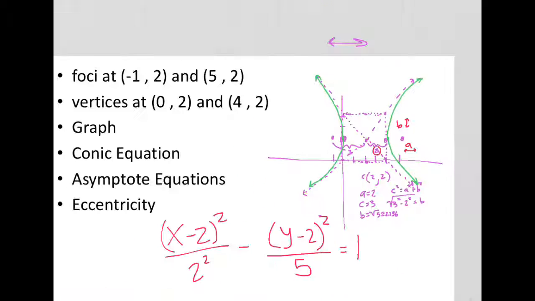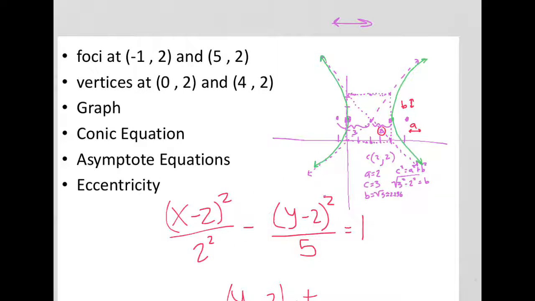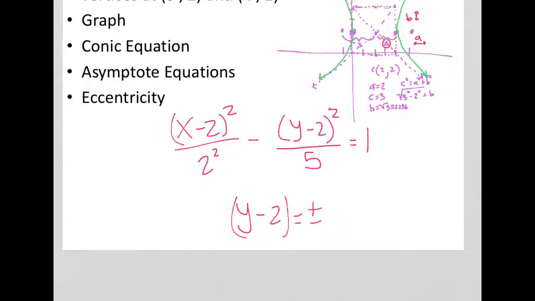And we're doing a rise over run, so it's b over a. And so my b value is the square root of 5, and my a value is 2. And we need to multiply that by, again, that center piece right there, x minus 2.